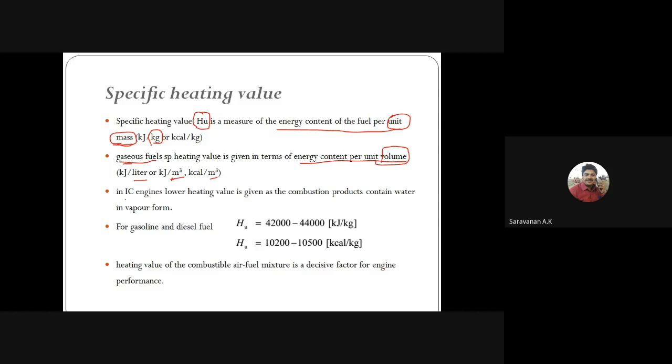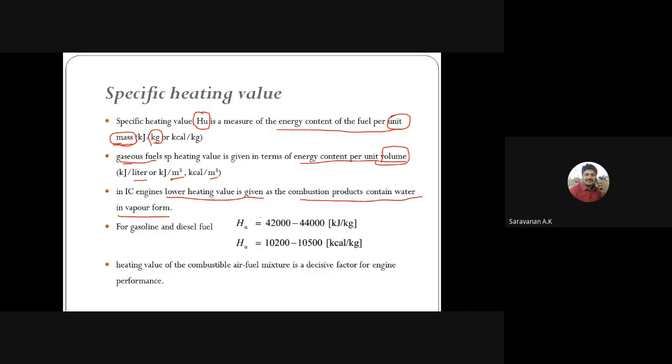So in the IC engines, the lower heating value, the lower specific heat value, is used, given the combustion products contain water in vapor formation, for the gasolines and the diesel fuels.